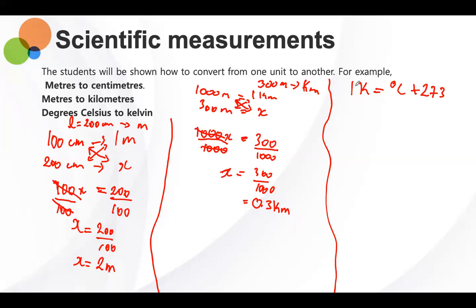So suppose we had 25 degrees Celsius. This would be equal to 25 plus what?